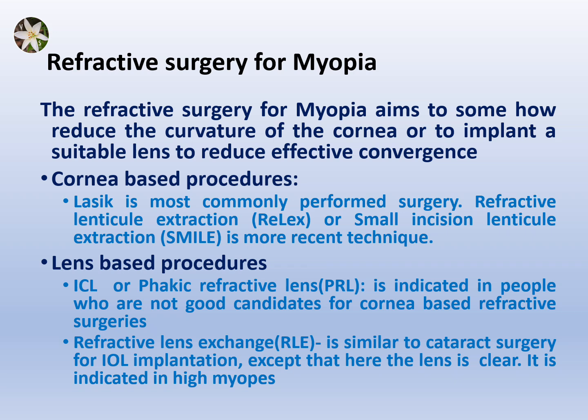The purpose of refractive surgery for myopia is to somehow reduce the curvature of the cornea or the converging power of the lens. LASIK is the most commonly performed surgery. Refractive lenticule extraction or small incision lenticule extraction is the more recent technique to achieve the same.